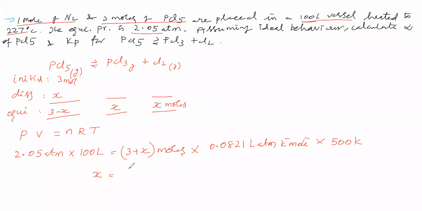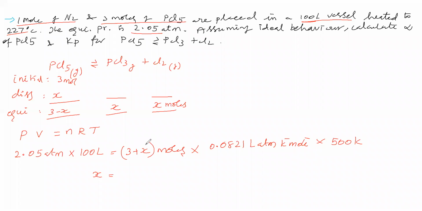Before simplifying this one, let us check whether the substituted things are correct or wrong. Here we have substituted the total number of moles, 3 plus x moles. Why 3 plus x? Because 3 minus x plus x plus x gives 3 plus x moles at equilibrium.